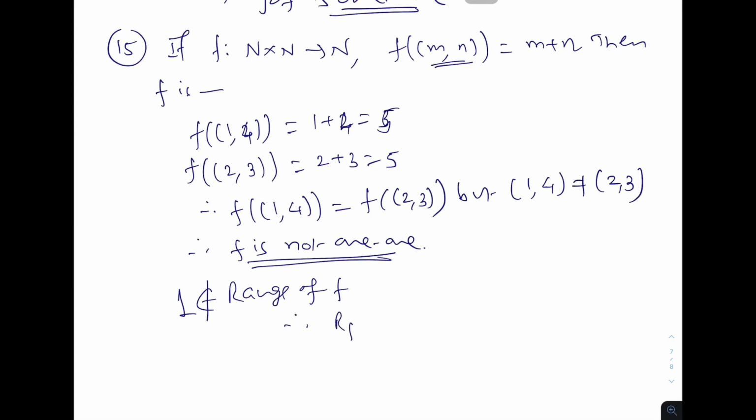So that means range of F is not N, and therefore F is not onto. Okay, so this function is neither one-one nor onto. Okay, thank you.